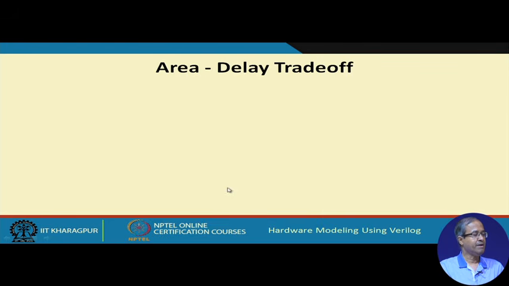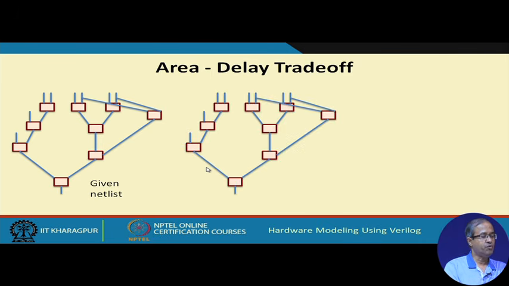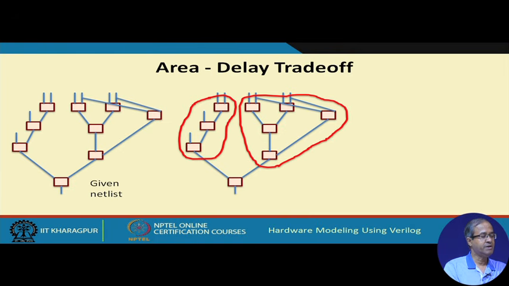Now, mapping, there can be area delay trade-off. I am just showing an example. Suppose these are some gates and these lines are inputs. This is a given net list. So, I want to map them into those lookup tables. One way of mapping may be like this, this can be 1, this can be 1, this can be 1.